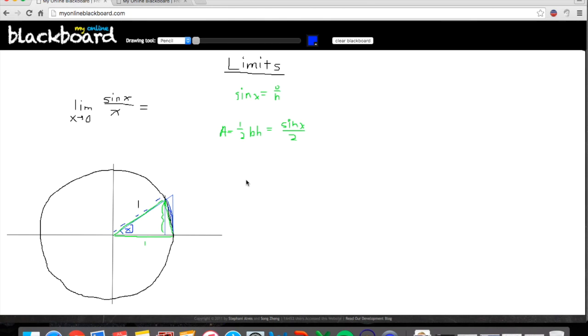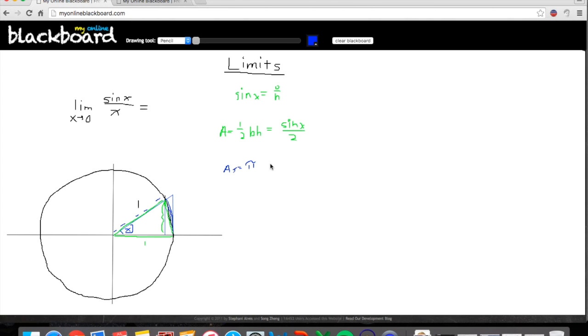So for the area of this sector, we're going to take a ratio. We know that the area of the entire circle is going to be pi, because the area of a circle is pi r squared, and r is 1. Then we multiply that by x over 2 pi, because x is the sector that we want to find, over 2 pi being the measure in radians of the entire circle.